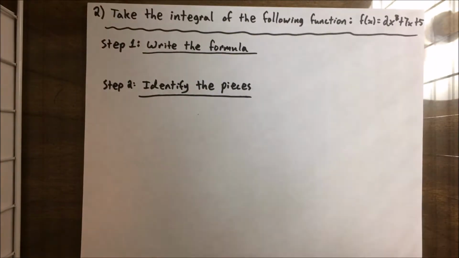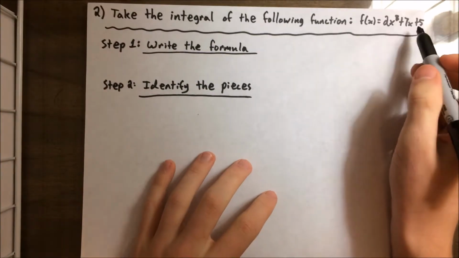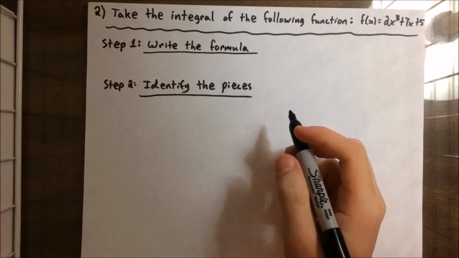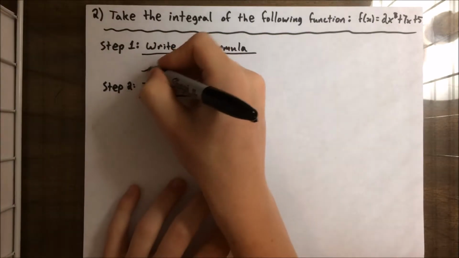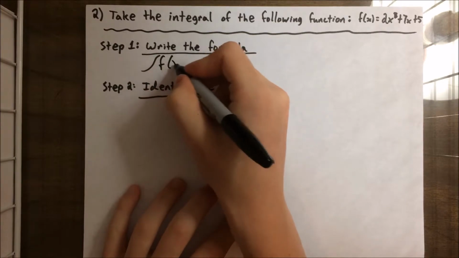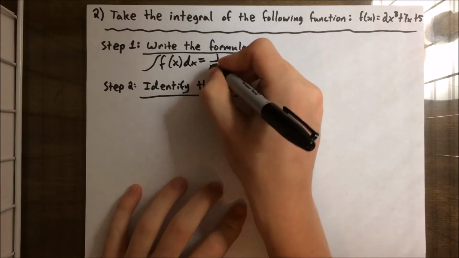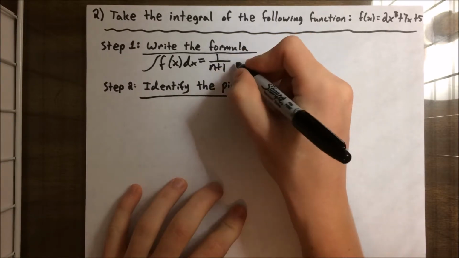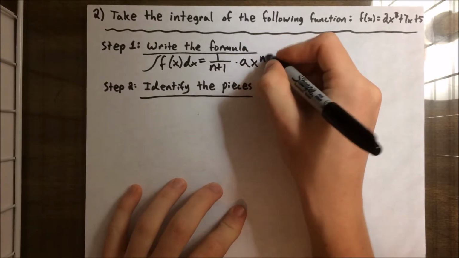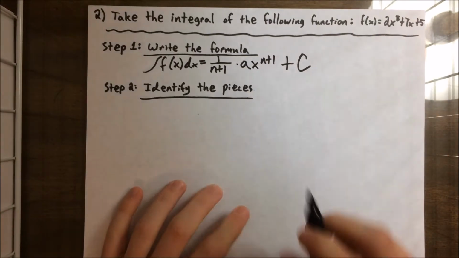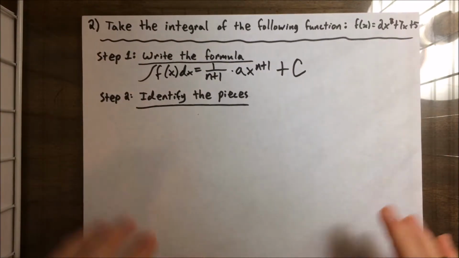So it has more than one x. So 2x cubed plus 7x plus 5. So let's start by writing the formula. So the integral of f of x dx is equal to 1 over n plus 1 times ax to the n plus 1, and then plus c. Don't forget plus c, it's very important.